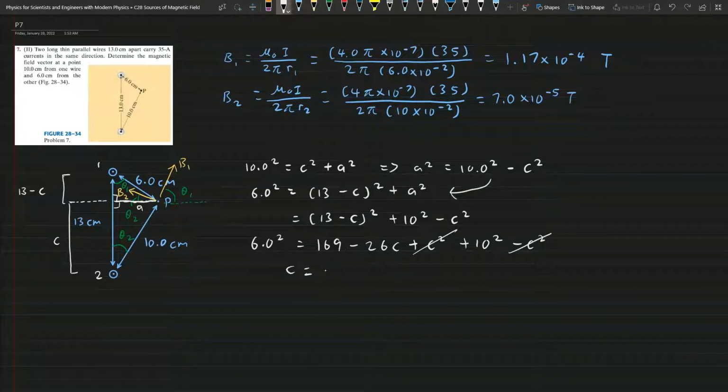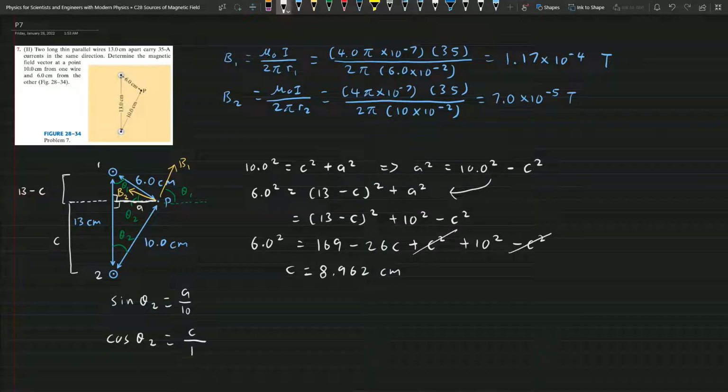The c I get is 8.962 cm. So from here we know sine theta 2 equals a over 10, and cos theta 2 equals c over 10.